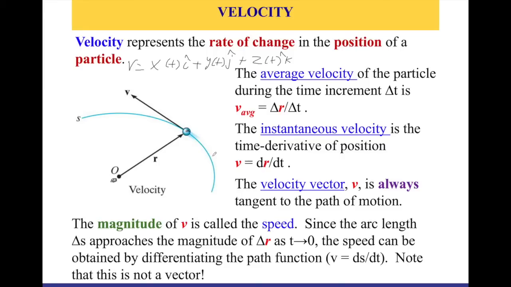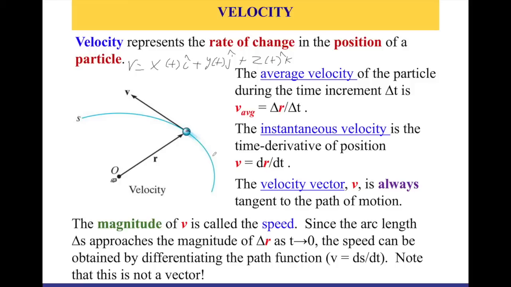The magnitude of the velocity is called speed. Similar to the position vector and its magnitude, since the arc length approaches the magnitude of delta r as delta t goes to 0, the speed can be obtained by the derivatives.